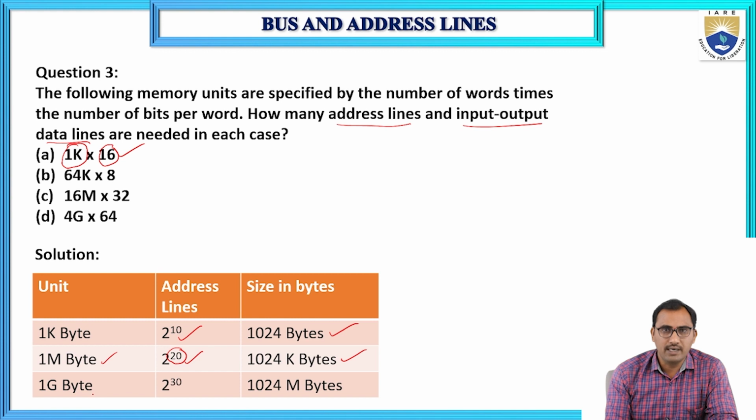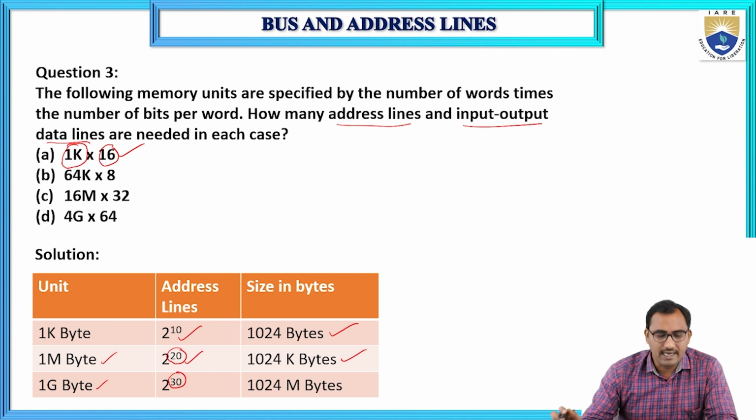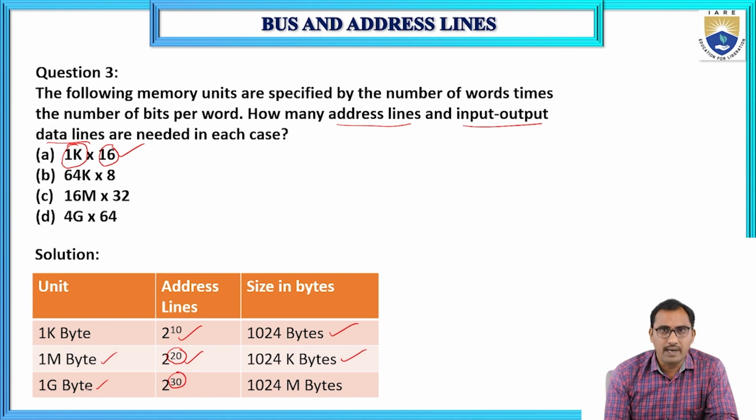And 1 gigabyte we can access by using 30 address lines, 2 power 30. 1 GB, in terms of megabytes, is 1024 megabytes.